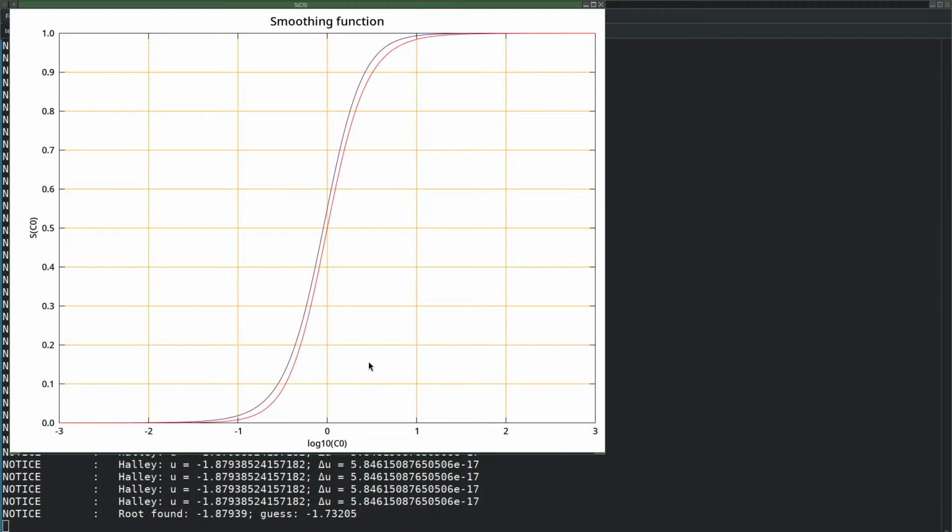I don't know, something looks off. Currently this is exactly a half. Well, exactly, as exact as it can be drawn here. At the moment C0 equals 1. Why the hell would that be?